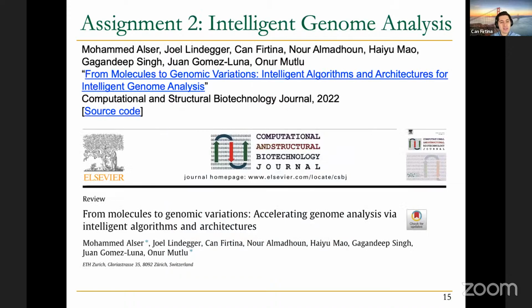The second assignment is that we've put this paper on the course website. You can see it in the required materials on the website. It's really important for you to read this paper.